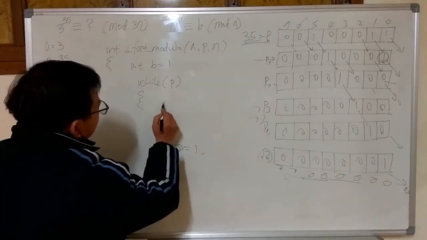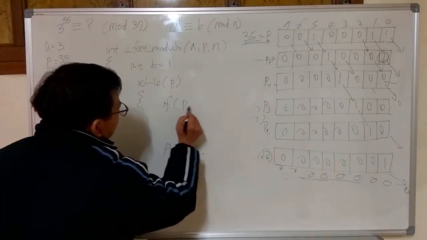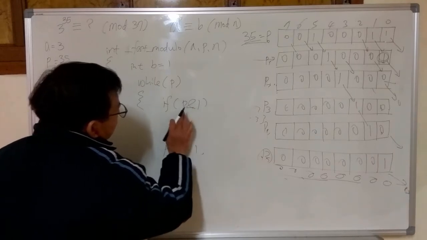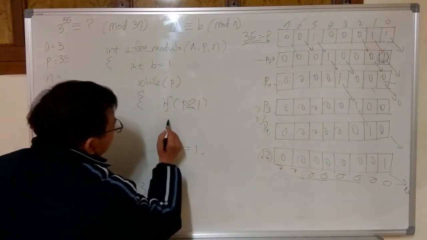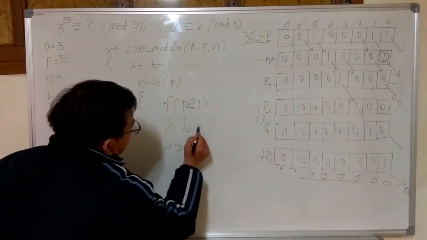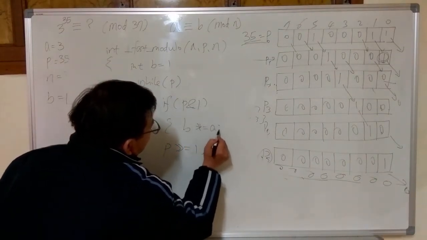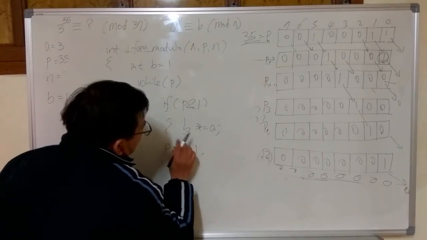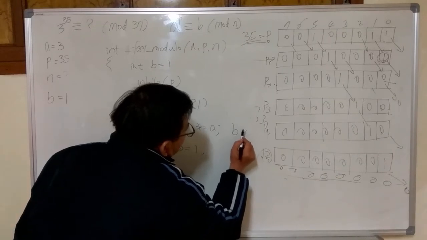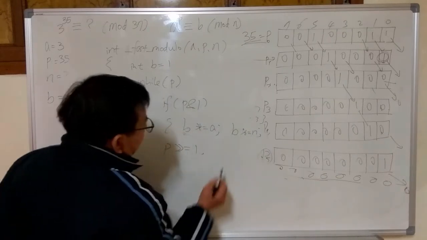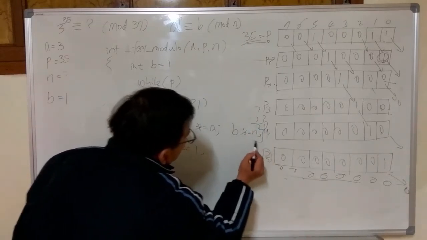Then here if P and 1, this means the last bit is not 0, then B times A. Now we have to apply modulo N, B modulo N. Okay? Then we close this block.